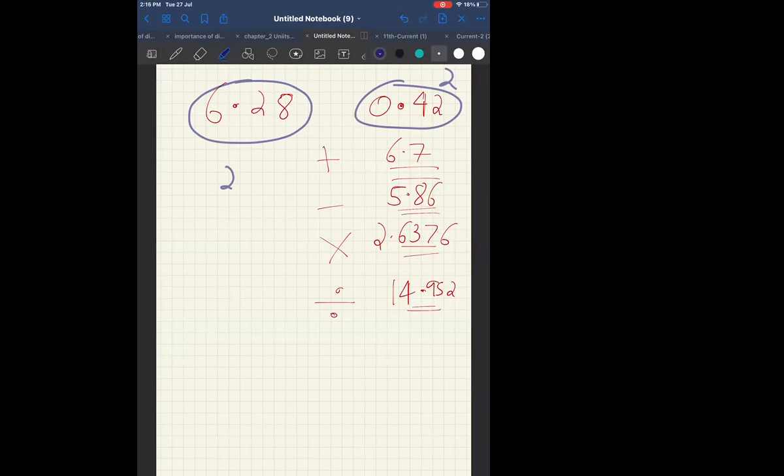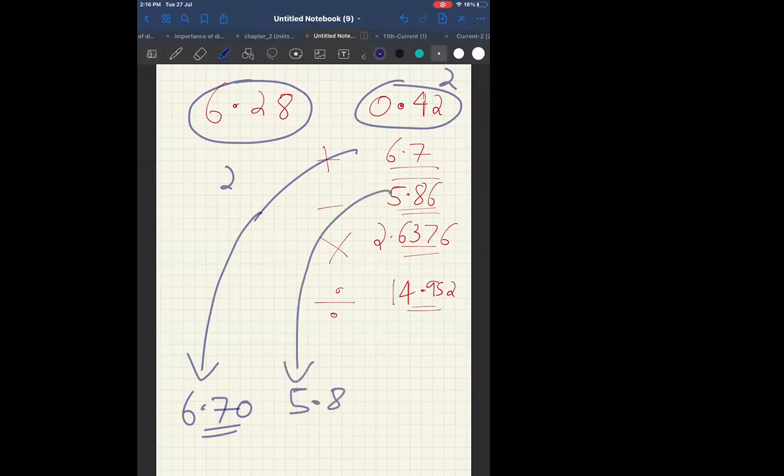Therefore, can I say answer 6.7 can be written as 6.70 to make it 2 decimal places? We have to apply the rule. Therefore, I will make it 6.70. Can I say 5.86 is anyway in accordance to the rule? I don't need to change anything because I need 2 decimal places after the point and I have 2 decimal places after the point, correct?